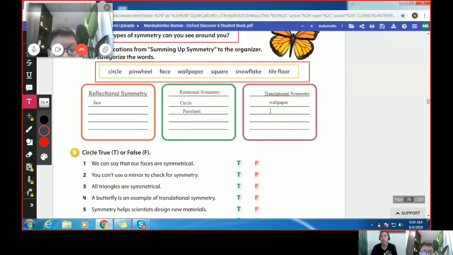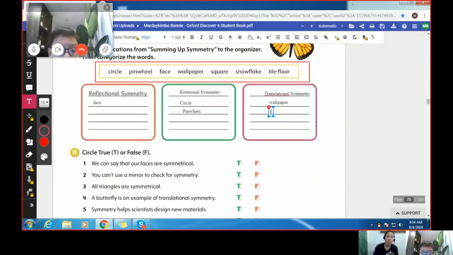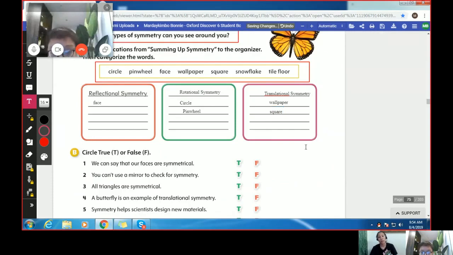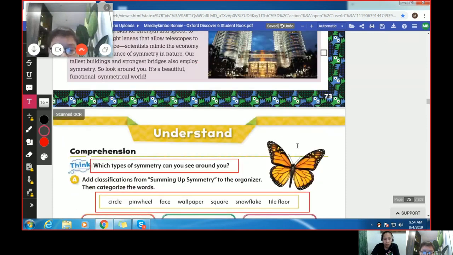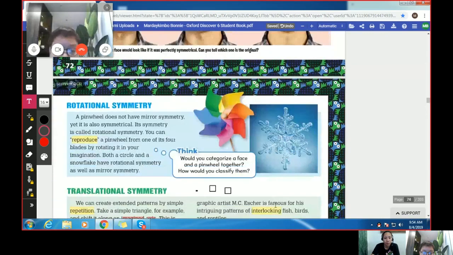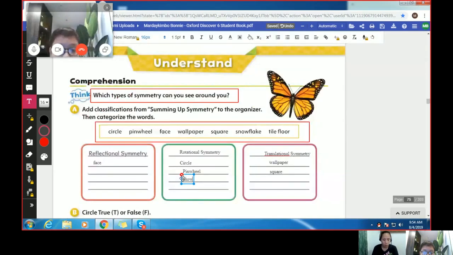Just remember if it's edgy, if it's square or rectangle, it is categorized into translational symmetry. Okay, next. Snowflake. Can you move up too? Oh, it's in rotational symmetry. Very good. Rotational symmetry. Snowflake.